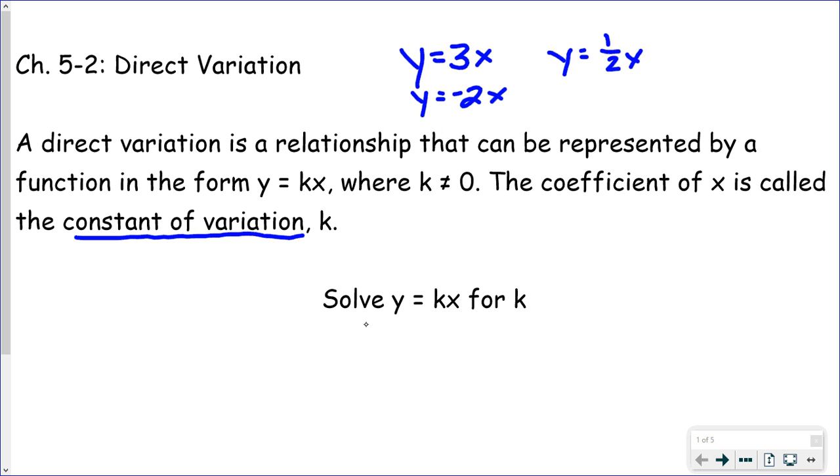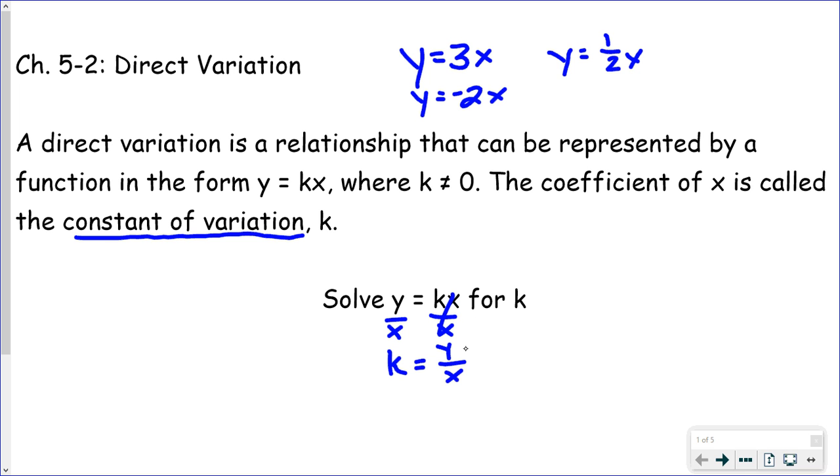Okay, I want to show you something real quick. We've got y equals kx, a direct variation, and I want to solve this for k. To do that, I'm simply going to divide both sides by x. What I end up with is that k, the constant of variation, is equal to y over x.